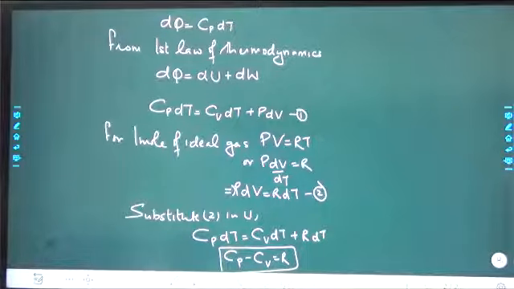Next paragraph, write: consider n moles of a gas placed in a container with pressure P1 and volume V1.